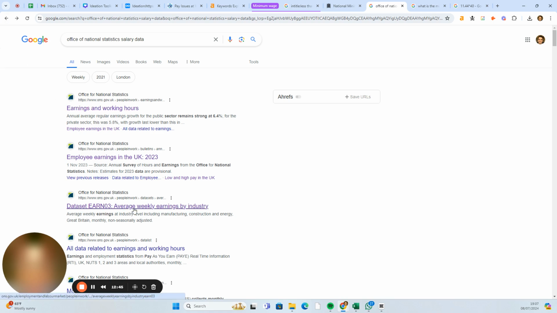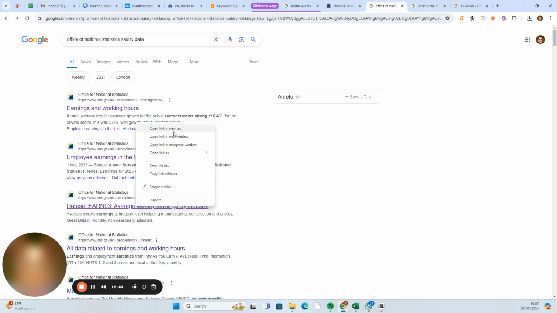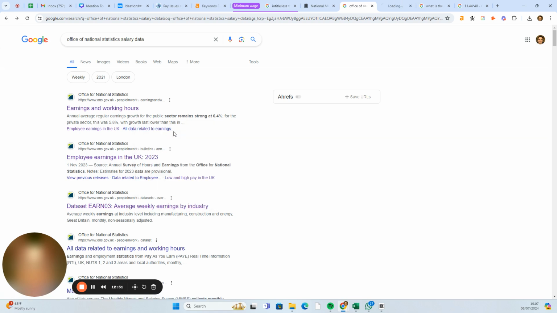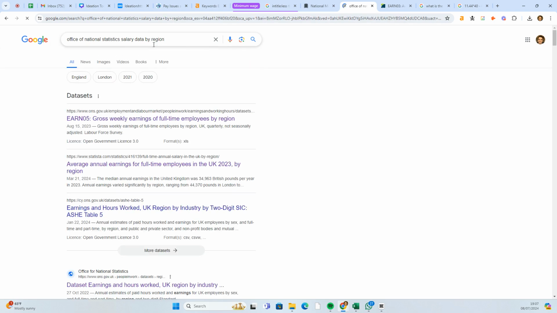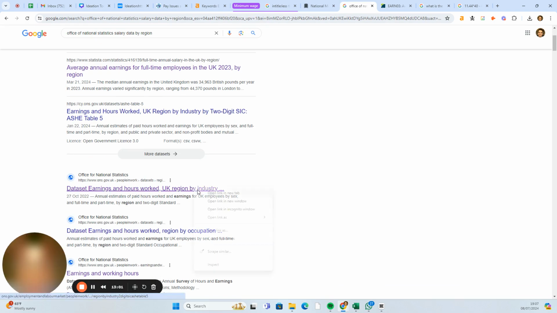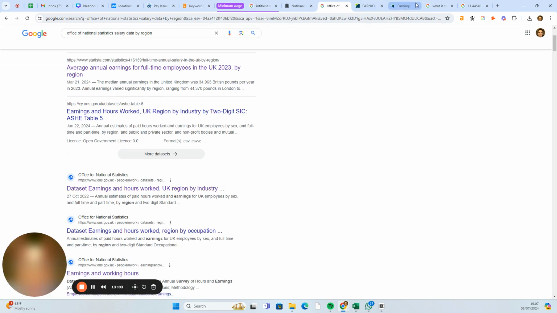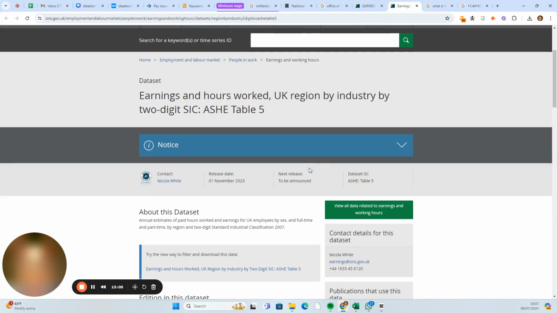So you've got by industry, which we can do. And then let's see if we can do by region. Data set of earnings and hours worked by region and industry.